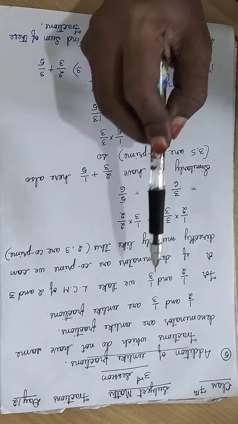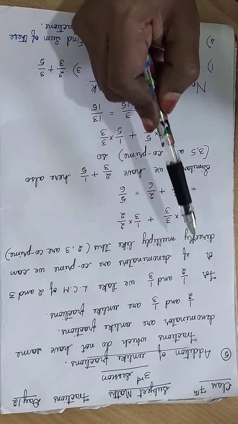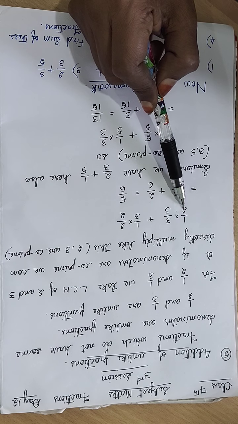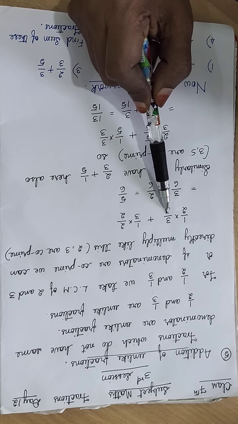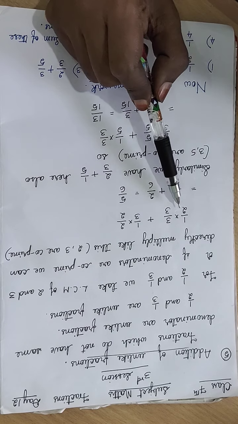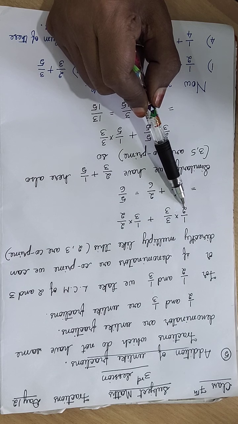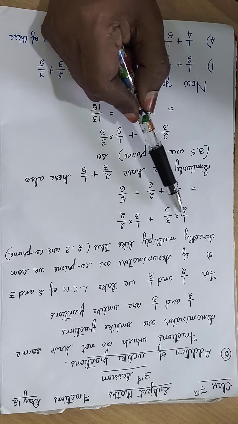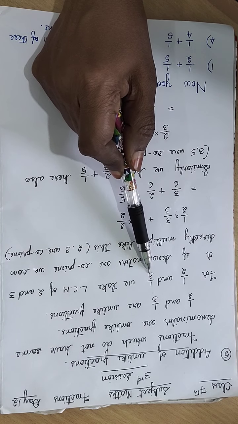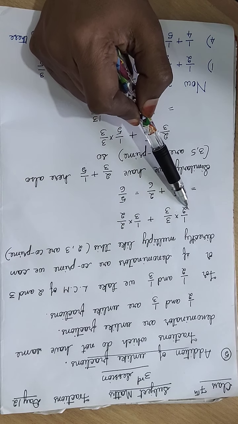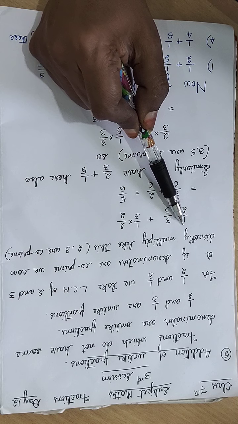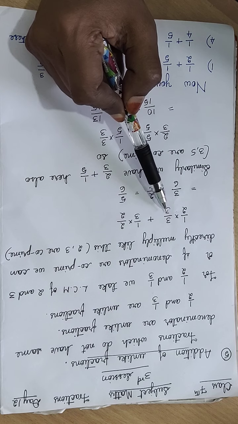See here. 1 by 2, we write as it is. Follow carefully, it's very important for your further studies. Now we take the denominator of the other fraction, that is 3, and multiply the first fraction by 3 by 3.